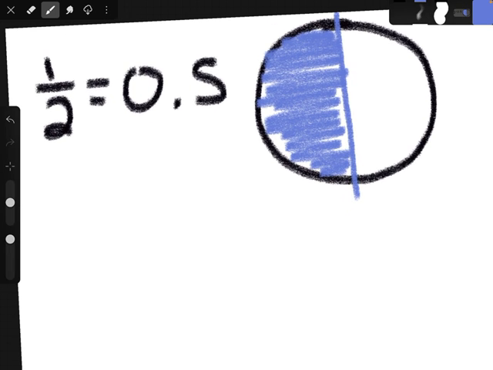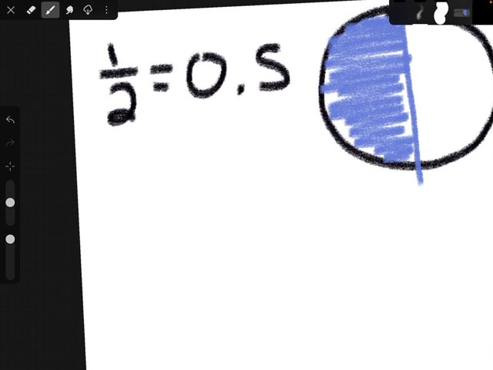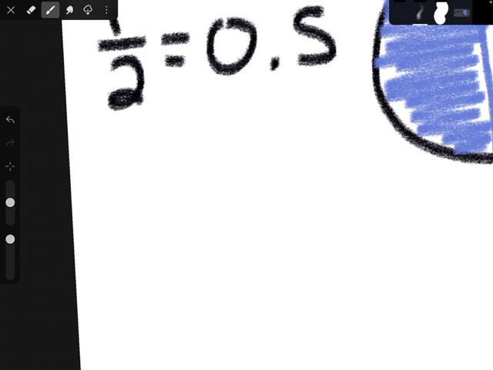And if I wanted 1/4, how much is 1/4 in a decimal? We know this for money. In quarters, we have 25 cents, 50 cents, 75 cents, and then $1.